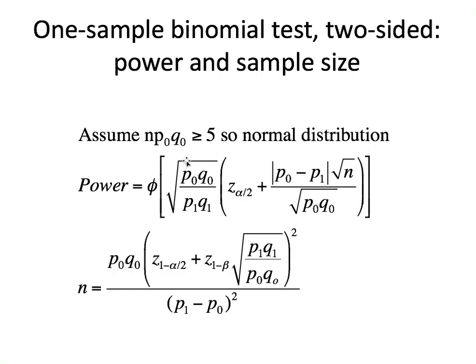We're also assuming a normal distribution now for the binomial test, right? And which I should say here, this is the one-sample binomial test with normal distribution, right? If we have a normal distribution, we can use the same methods and we get this expression for power. Okay, we just solve it for n, and then this will tell us what sample size we need.